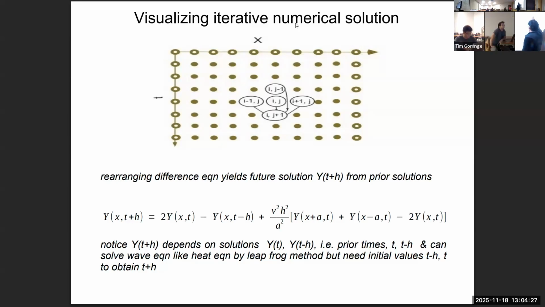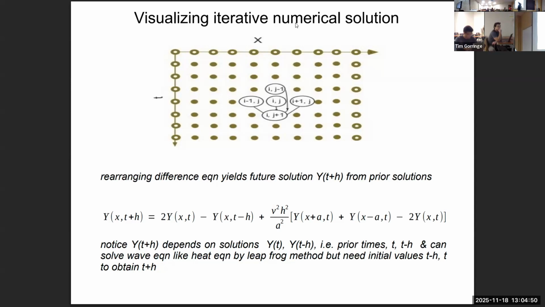What do I need to calculate this? I need to look back from the future time at the current time. And actually, I need both the value of the function at the current time in the same location, and also at the two neighboring locations, to the left and right. So that's what these are here.